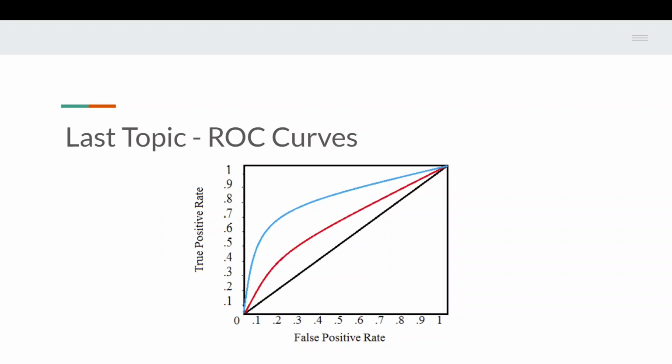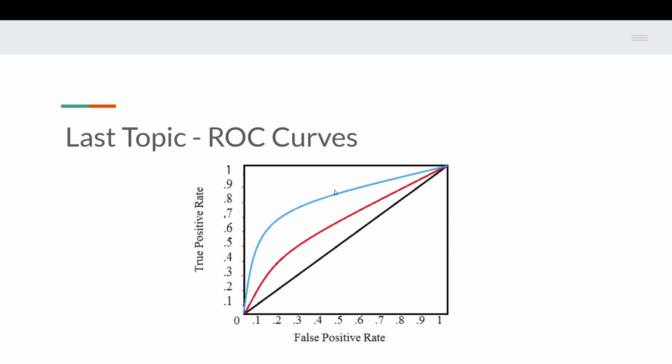And that is that the false positive rate, which is 1 minus the specificity, is plotted against the true positive rate, which is essentially the sensitivity. If you plot those, you can choose anywhere on that curve to be your cutoff for what's normal or abnormal with the test.